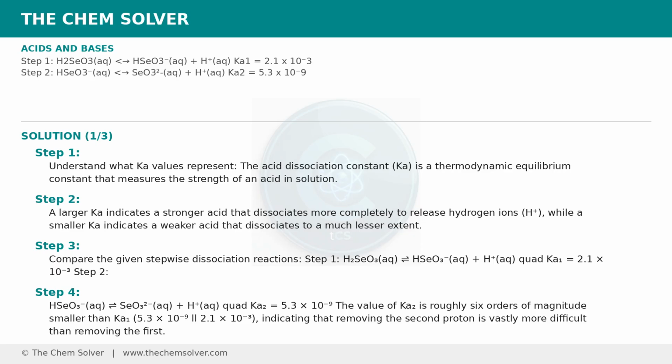The value of Ka2 is roughly 6 orders of magnitude smaller than Ka1, 5.3 times 10 to the power minus 9 versus 2.1 times 10 to the power minus 3, indicating that removing the second proton is vastly more difficult than removing the first.